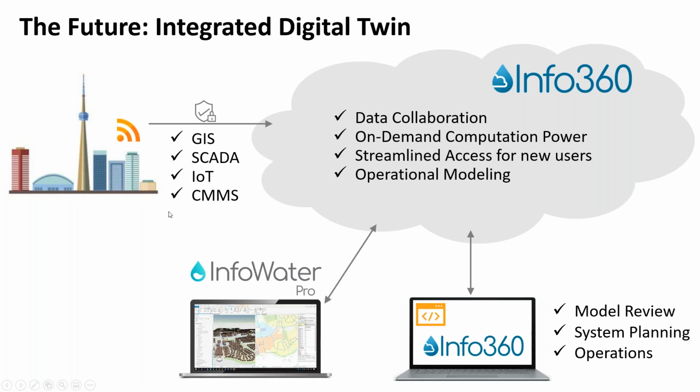IW Live is one of the tools with a long history. It was one of the pioneers in the market in terms of integrating hydraulic models with real-time data. We have some mature utilities doing really cool things with IW Live, where it automates forecasts of your system.